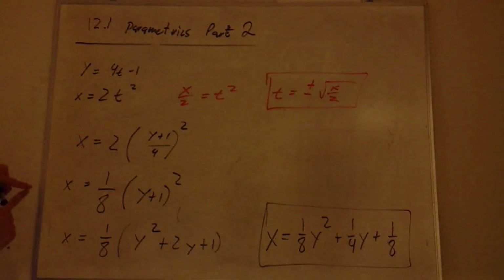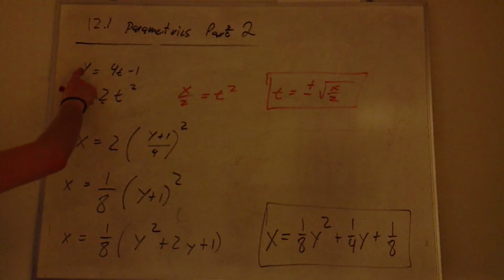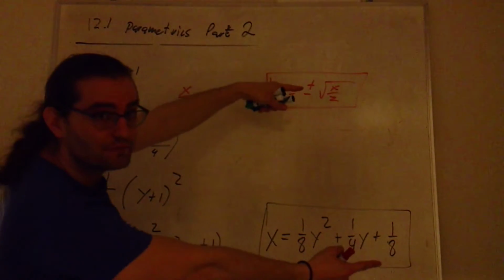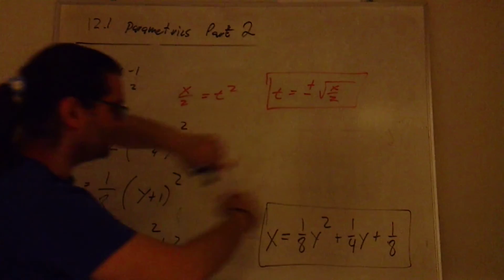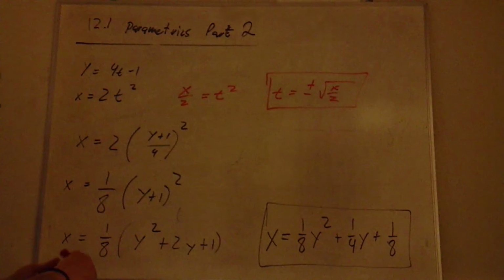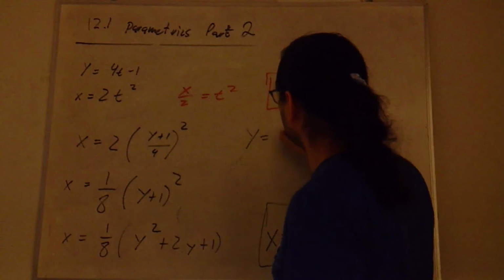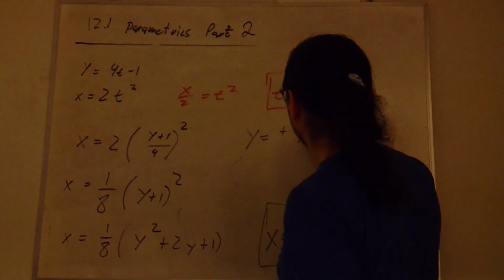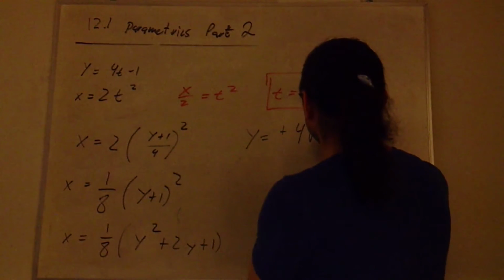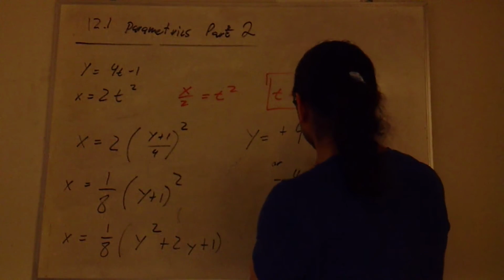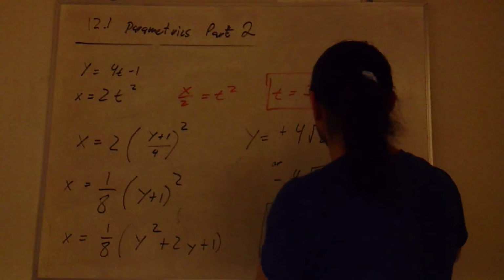And that's what's going to give us, if we try to create an explicit function for y as a function of x, the two branches, the positive square root and the negative square root. And it would look like y equals positive 4 square roots x over 2 minus 1, or negative 4 square roots of x over 2 minus 1.